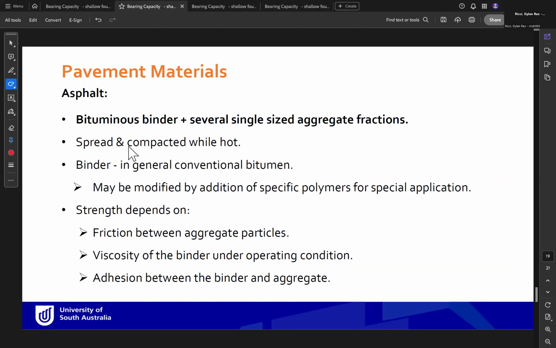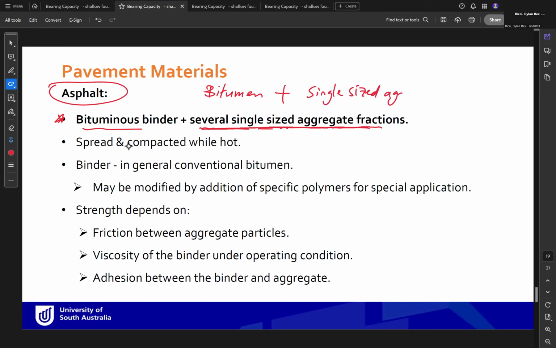And the next material we have is the asphalt. As you know, asphalt consists of bituminous binder and several single-sized aggregate fractions. So here as well we have the bitumen plus single-sized aggregate.